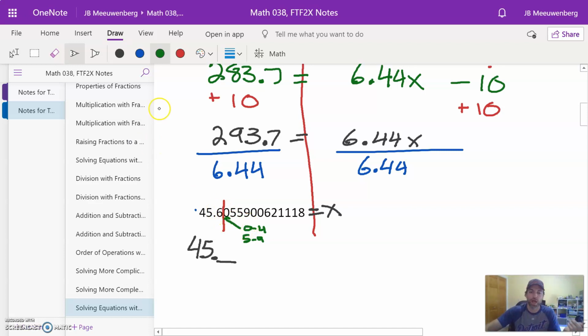Because this is a 0, I'm just going to leave this as 45.6, and I'm going to put a little squiggly equal sign, because that means it is approximately x. You're not always going to see that. A lot of times the problems will be created so they come out nicely. But if you're working with decimals and it's going to come out a little messy, sometimes you can make a judgment call on what the appropriate thing to round to would be.